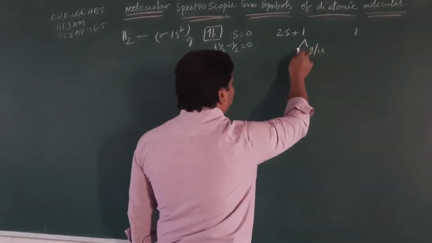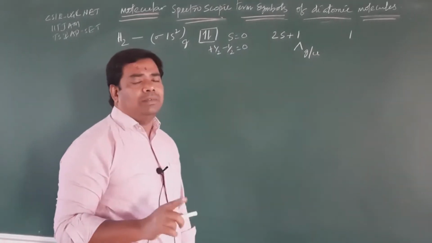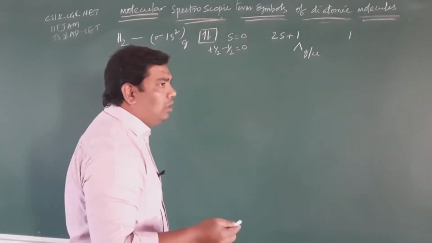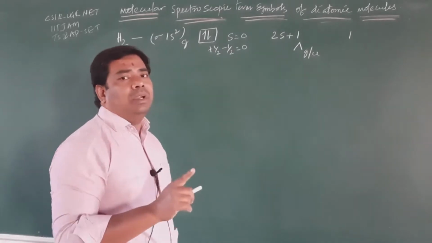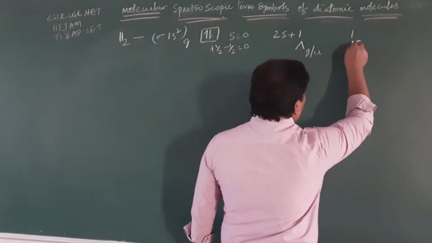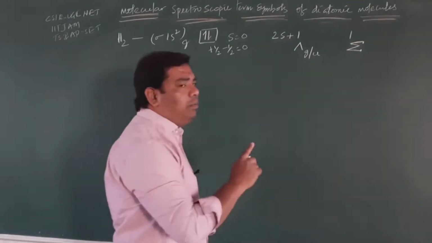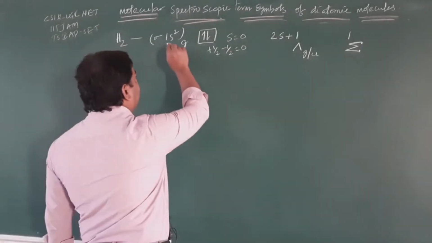And here you can see, remember one thing, if the electrons are present in sigma level, then the spectroscopic term symbol will be sigma. You can write sigma. Clear? Okay, what is the condition, student?